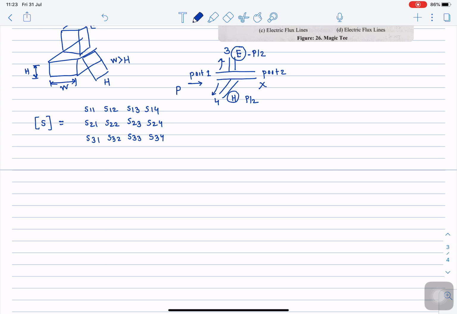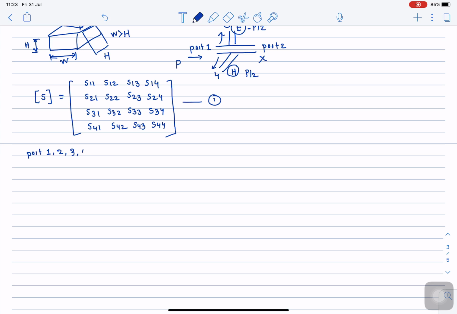First of all, how do we start? I will write here, for ports 1, 2, 3, 4: all ports are assumed to be perfectly matched to the junction.